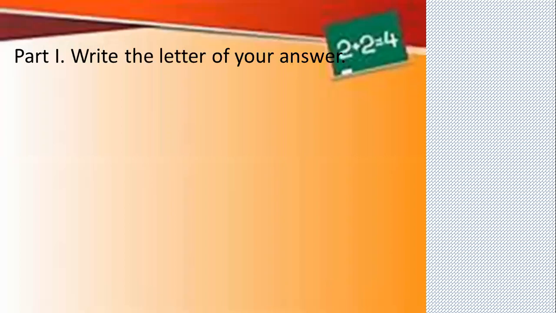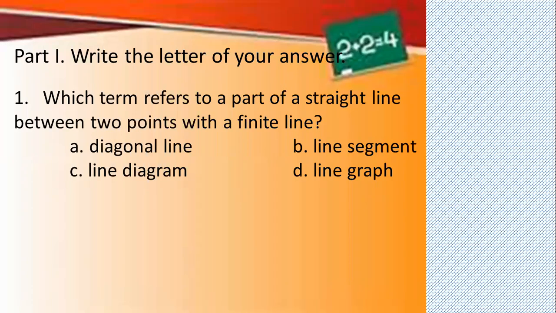Number one. Which term refers to a part of a straight line between 2 points with a finite line? Is that A, diagonal, B, line segment, C, line diagram, or D, line graph? Okay. So for sure, we did not discuss line graph and line diagram.